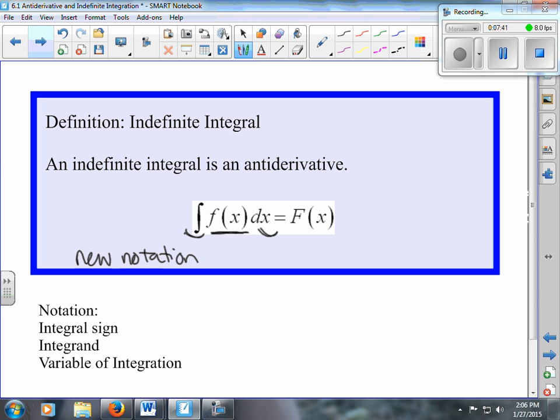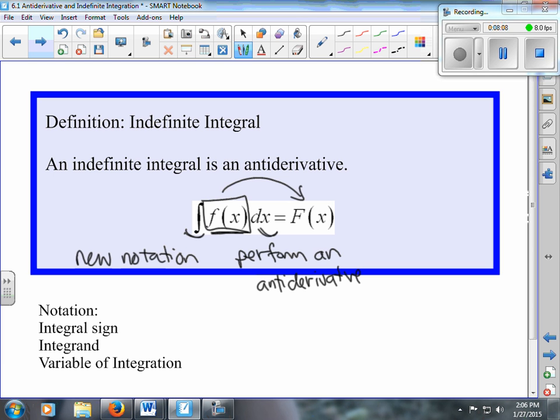We are not going to discuss what dx is at this point. Later on, we will. dx is significant, but for right now, you just need to ignore it. But this integral sign of f of x dx tells you to perform an antiderivative. It's an operation. It's telling you what to do. It's the calculus operation. Perform the antiderivative and tell me what that answer is.